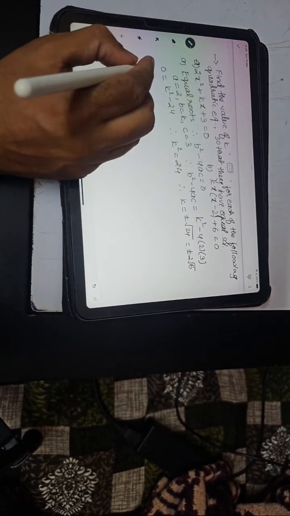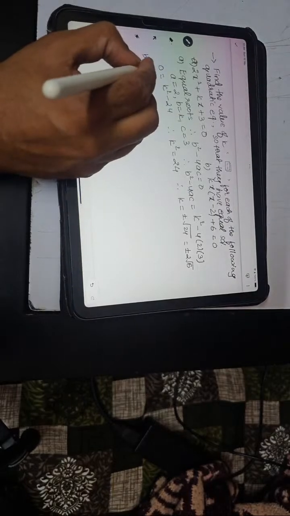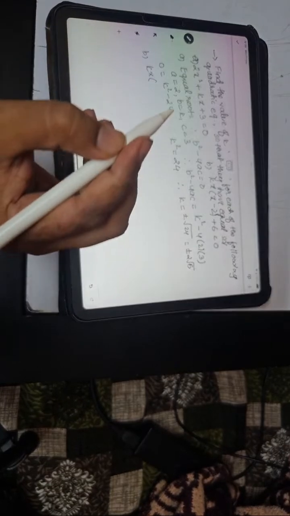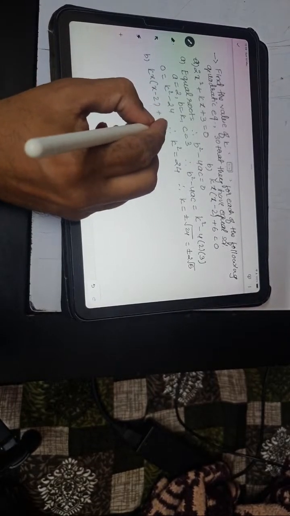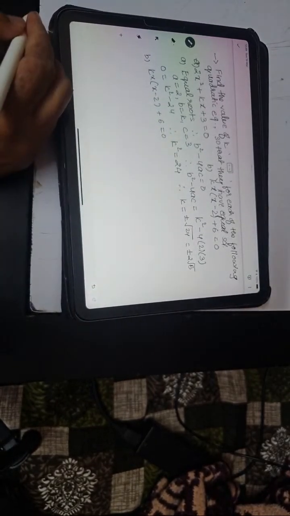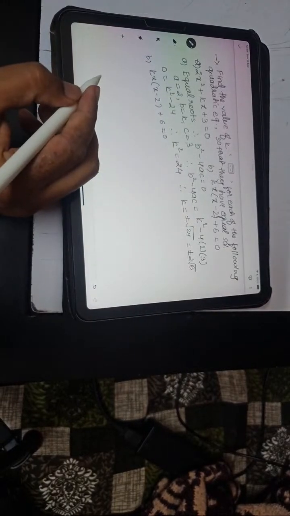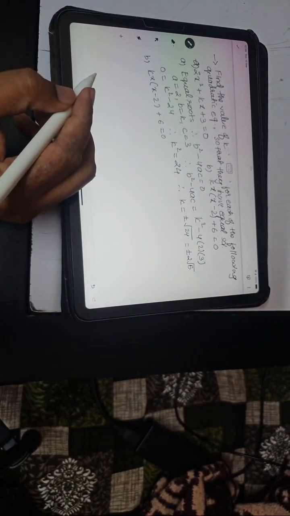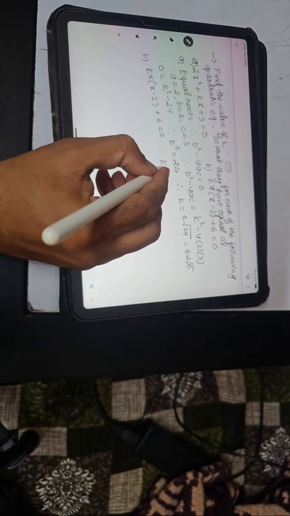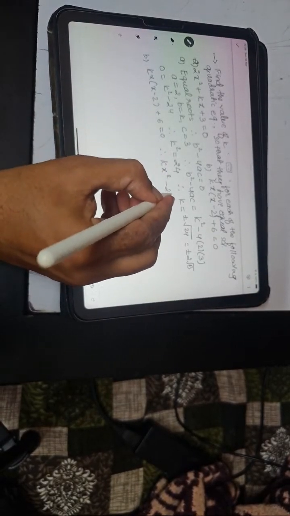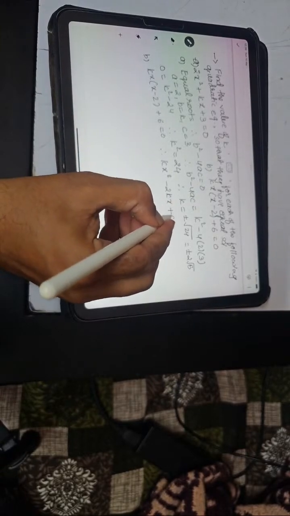See, it is given to me kx into x minus 2 plus 6 equal to 0. So first if I bring it in the proper form, this will be kx square minus 2kx plus 6 equal to 0.